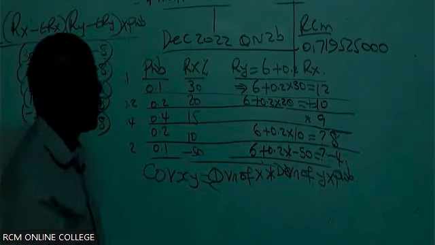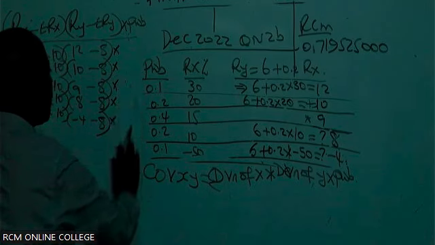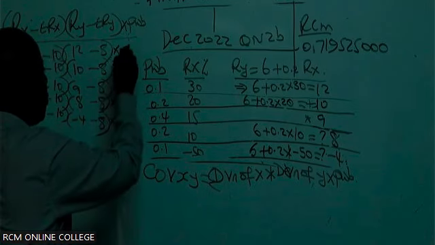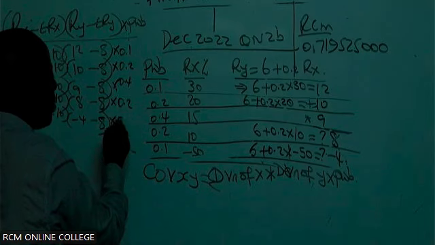Times probabilities. So the probabilities we have here are 0.1, 0.2, 0.4, 0.2, 0.1.